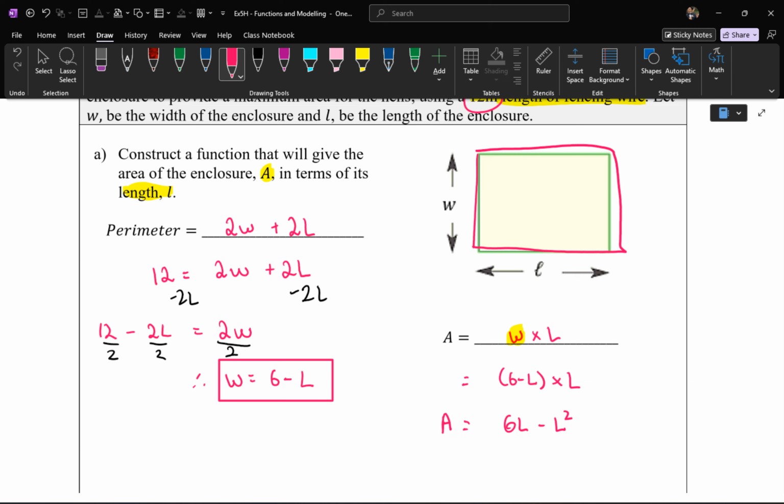So as long as you know what the length is, you'll be able to figure out the area. And if you know the length, you can figure out the width. So that's what these two are for.